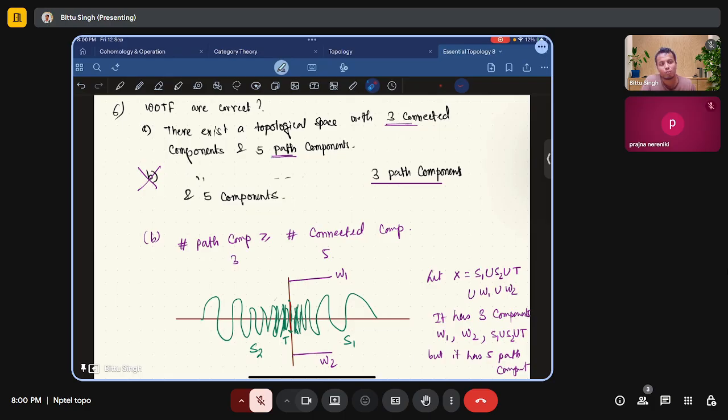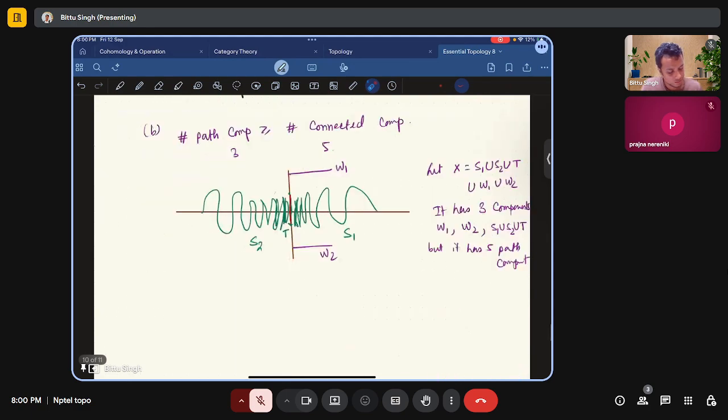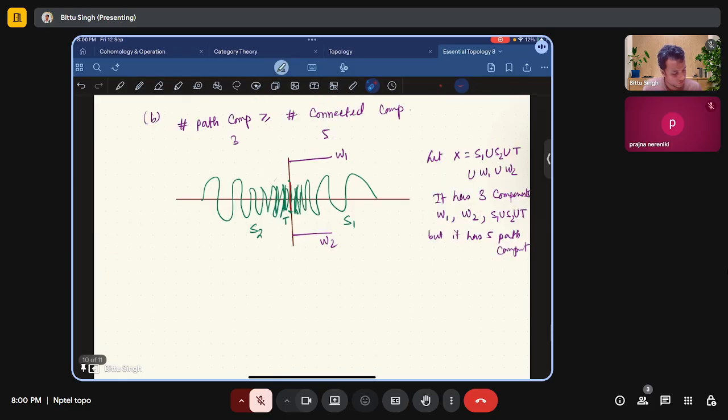Just add more and more sine curves, for example, you can also add a sine curve here, to increase the difference between m and n. So this is how you can create such spaces.